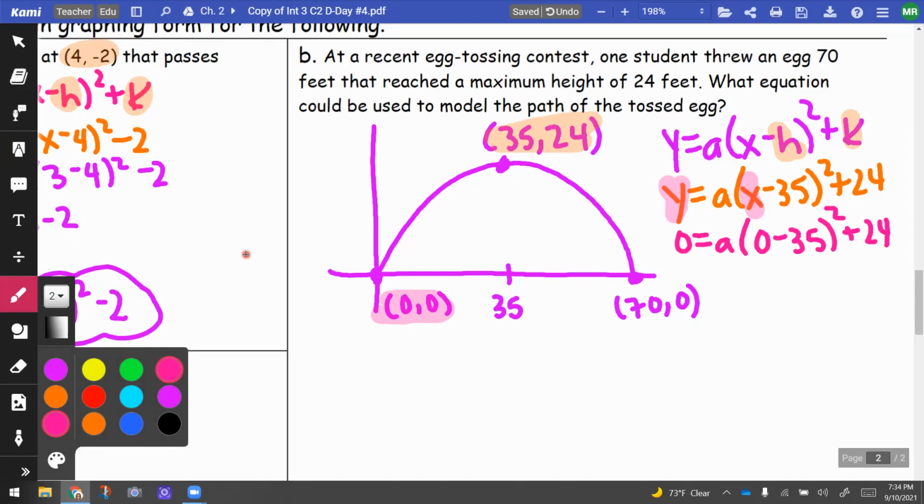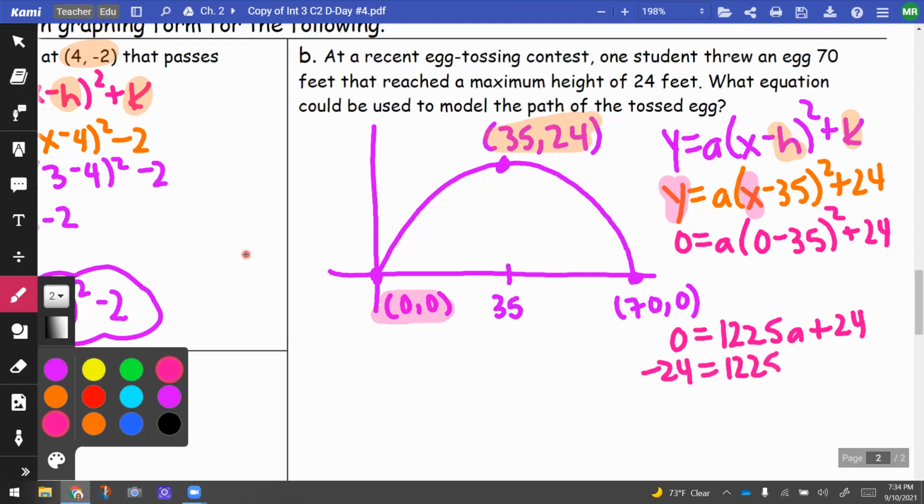And let me square, get my calculator out here. Let me square a negative 35. So 35 squared is 1,225. So I'm going to get 0 is equal to 1,225a plus 24. So I'm going to minus 24.